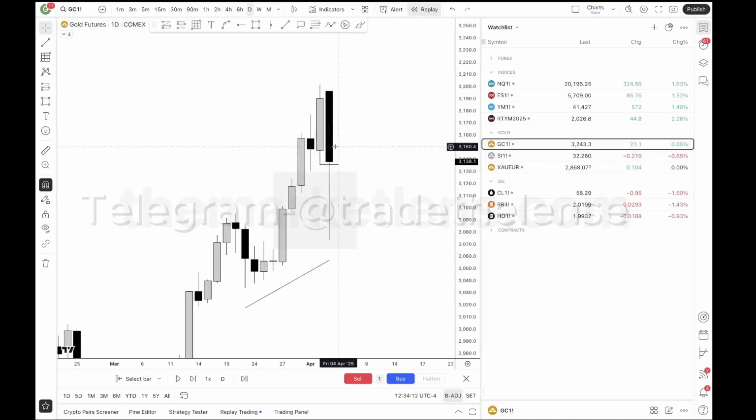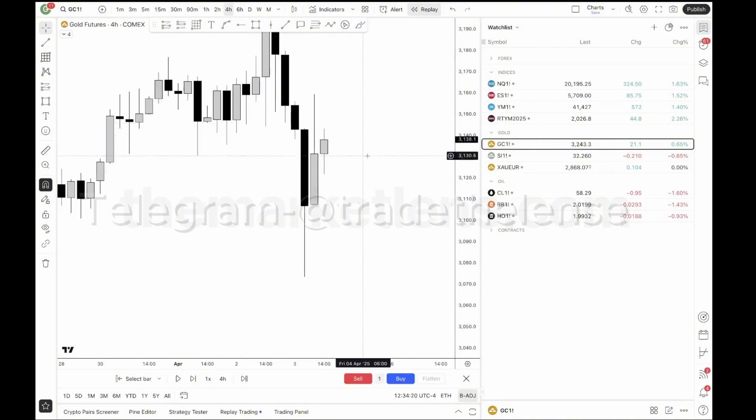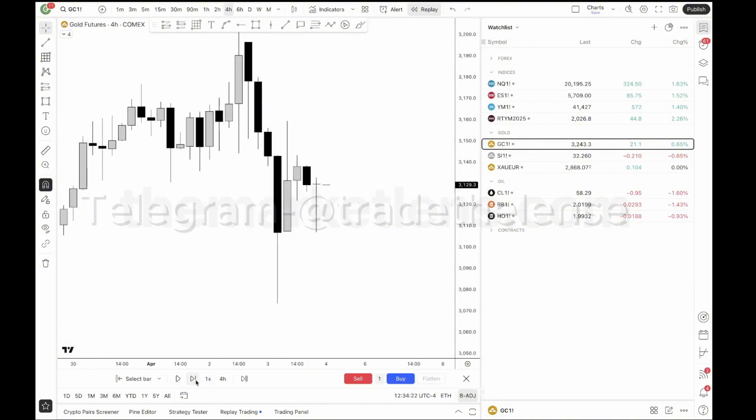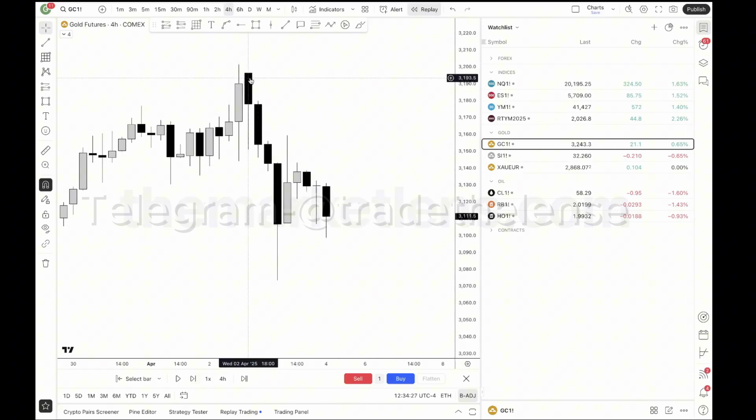So what we see here, this expansion within this candle, you're going to see a continuation signature after the expansion. The asset that is the weakest one is putting in a continuation signature for a bearish continuation, right?